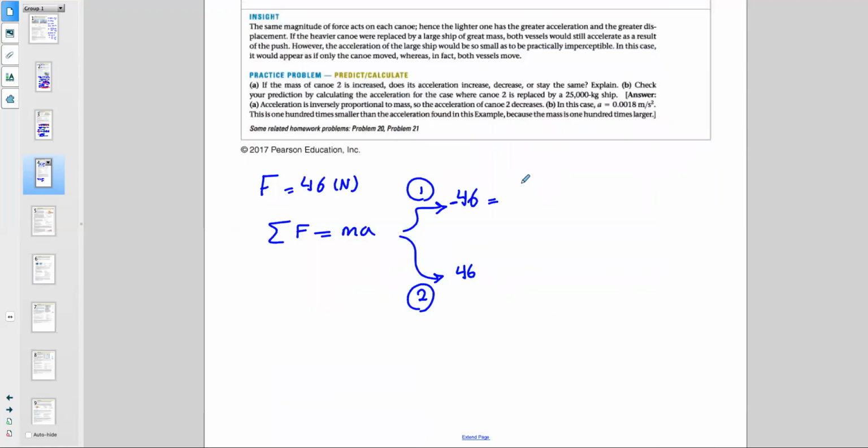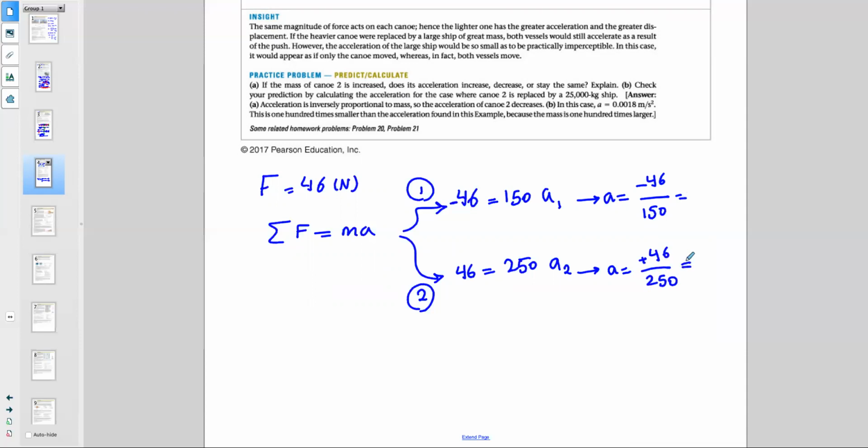M1 was 150 kilograms, and I'm just going to call the acceleration A1. M2 was 250 kilograms, and I'm going to call it A2. So A1 is negative 46 over 150, and A2 is positive 46 over 250.